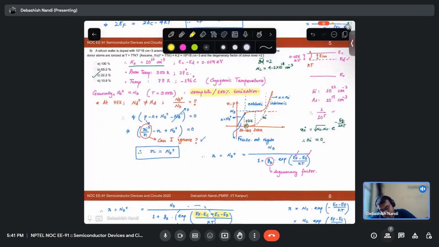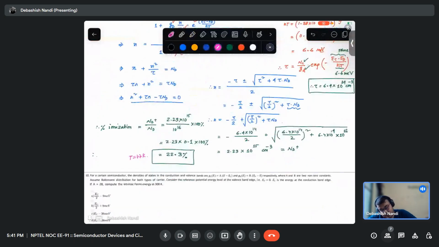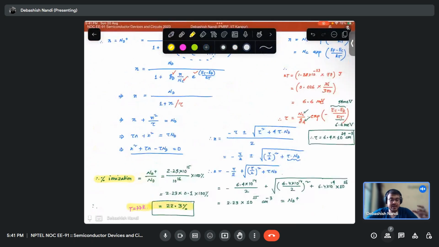Now at T equals 77K, we have percentage ionization of 22.3%. So if your percentage ionization is reduced, then your ionized impurity scattering will also reduce, right?